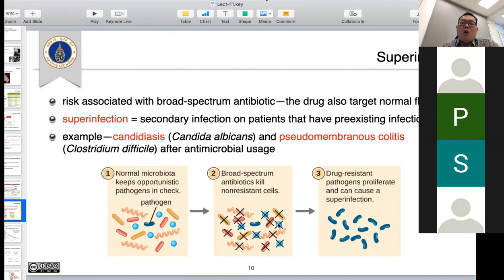Once they grow a lot, it causes disease, pseudomembranous colitis. You get inflammation on the membrane of the colon. Or candidiasis caused by a yeast, Candida albicans, in your mouth, in the vagina, something like that. This is the causative agent of vaginosis. In Thai, we call ตกขาว.